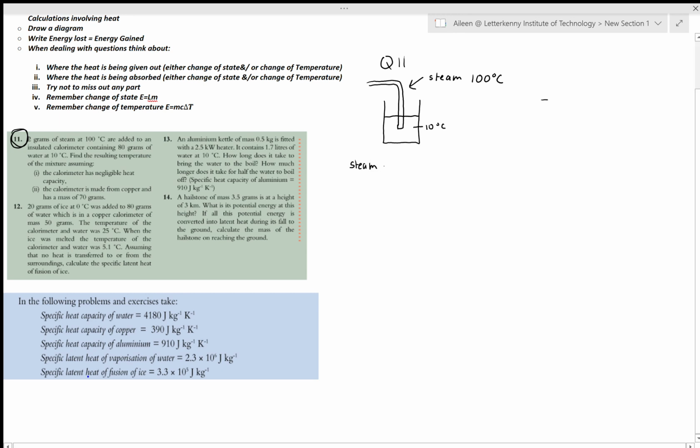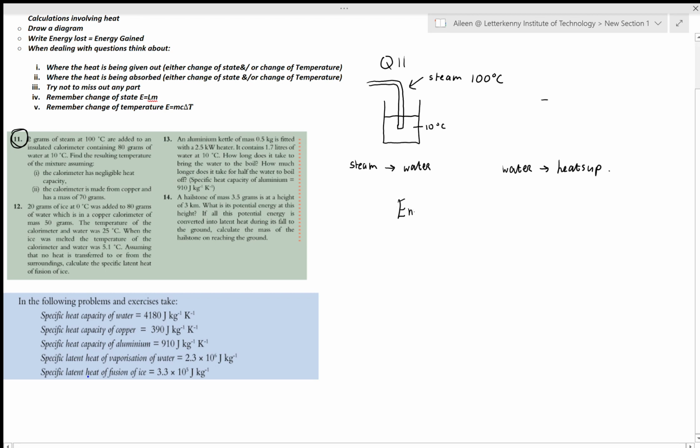So our steam is going to change into water, and all of that energy is then given to our water, and our water heats up. Okay, so we want to find the temperature that the water heats up to.